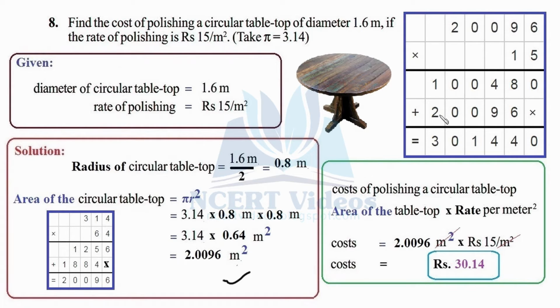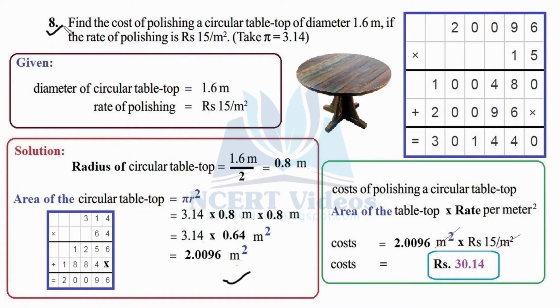Add it up. Count the decimals, 1, 2, 3, 4. This was your multiplication. So 30.14. We are rounding it off. So that is your required cost in order to polish this circular tabletop.